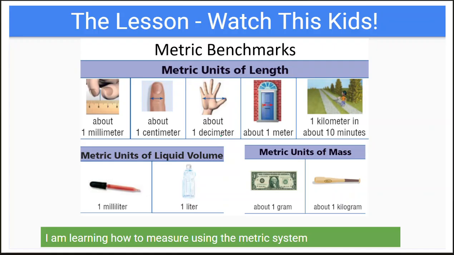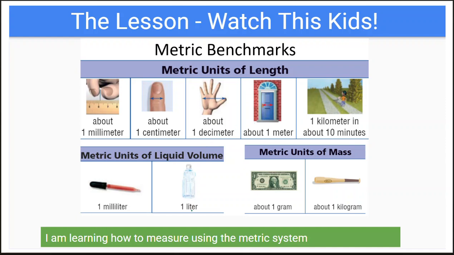You have a decimeter, that's about the width of your hand. You have a meter, and that's about the width of a door. Then you have a kilometer, and that's 1,000 meters, and it would take you about 10 minutes to walk that long. Okay, those are all units of length in the metric system.